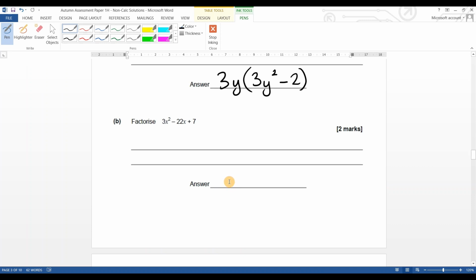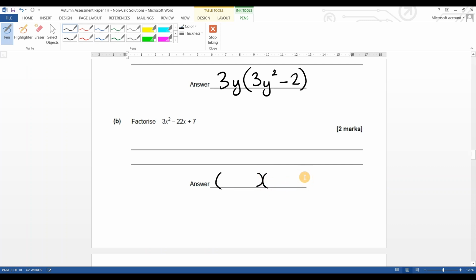Shall I do it that way? Yeah, might as well. You could do, or I could do it the long way. Let's do it the long way. Might as well show you guys, because some people can just go straight into the answer, because I know it's going to be 3x in one bracket and x in the other anyway. Let's do that. I'll show you both ways.